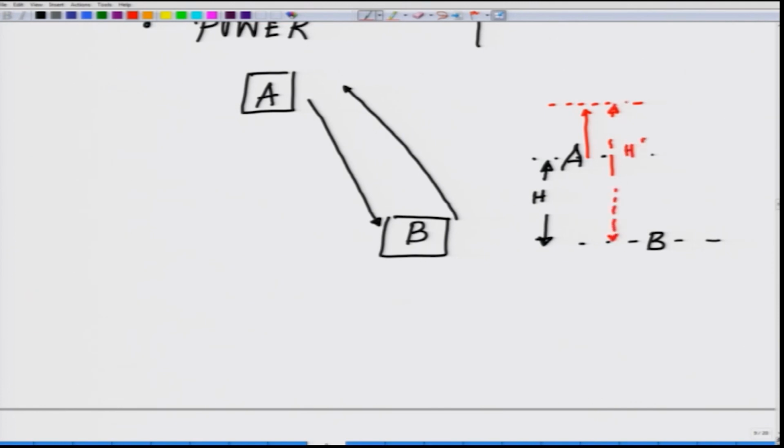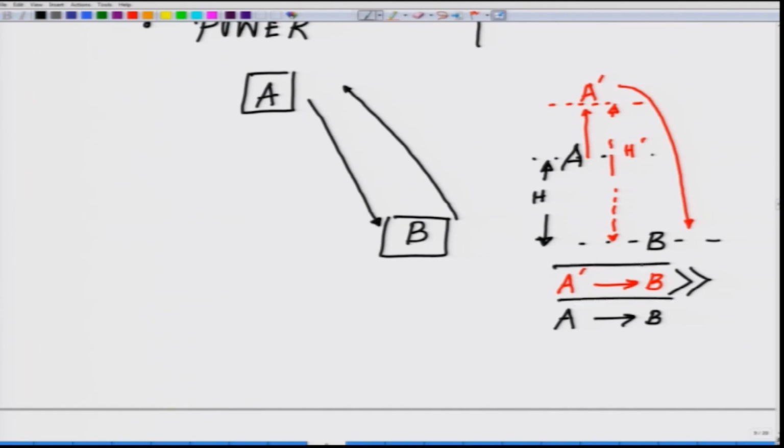If the new A's position is here, then from A prime to B, as compared to A to B, there will be more force generated. So, the force will be far more in this situation.